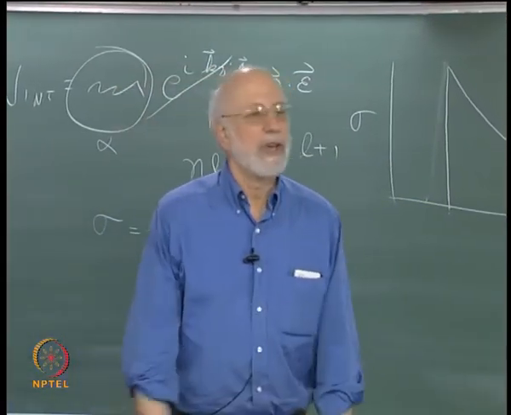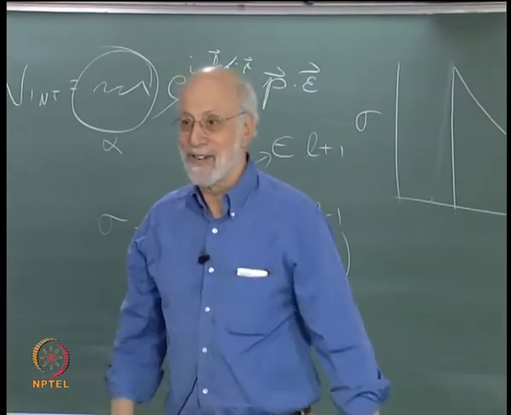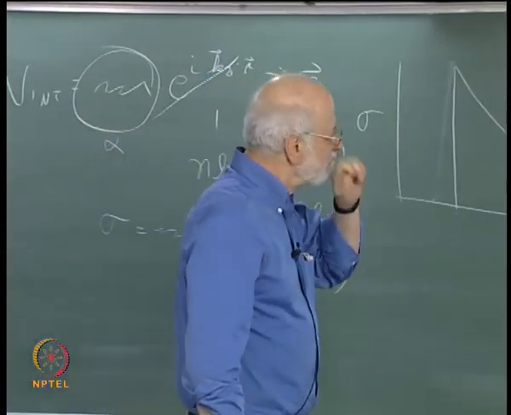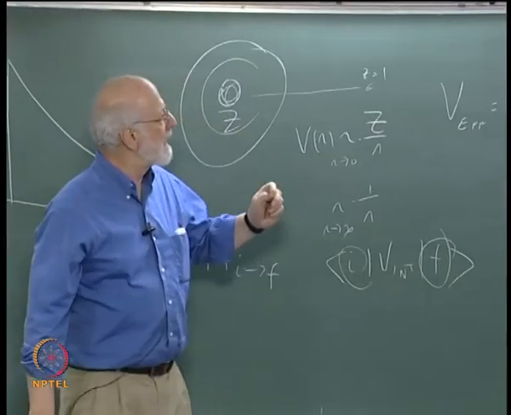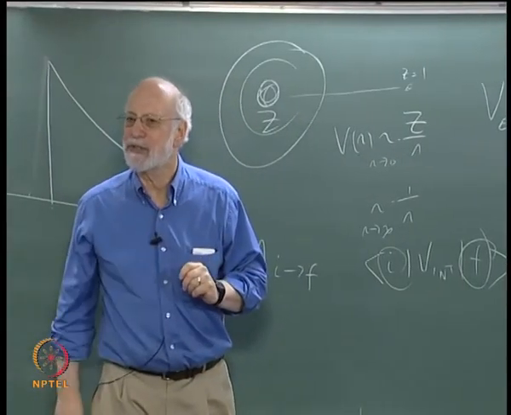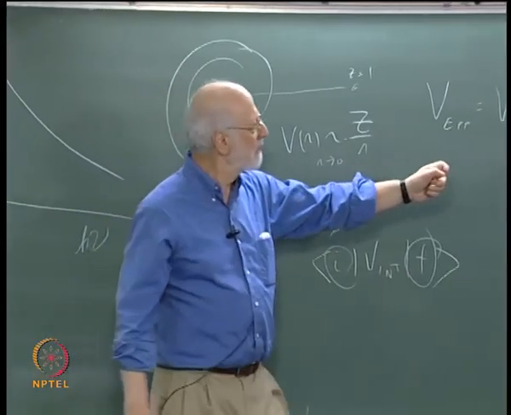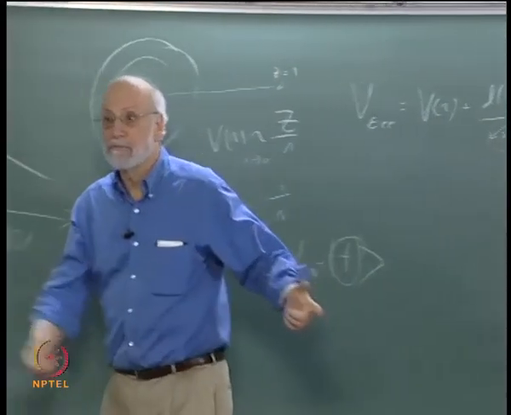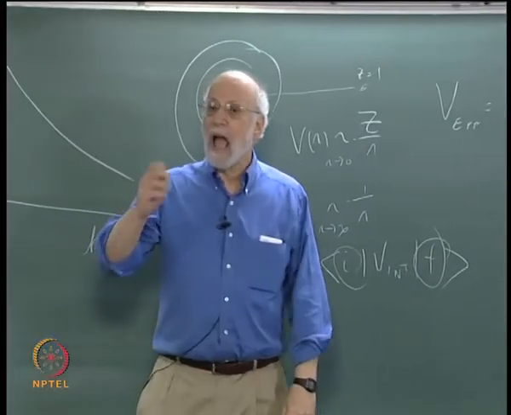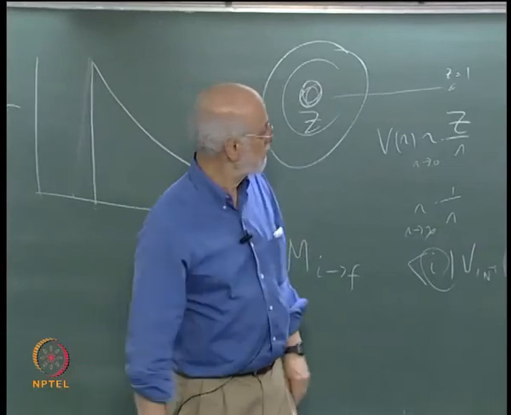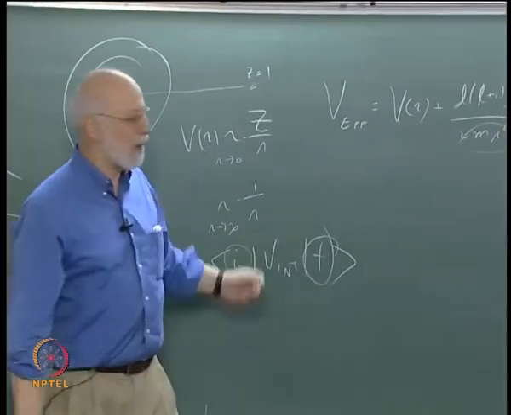If you've ever seen in the Olympics the hammer throw, they're just using this. Clearly, at small distances, since V goes as 1 over r, and this goes as 1 over r squared, that dominates. At large values of r, 1 over r, this dominates.